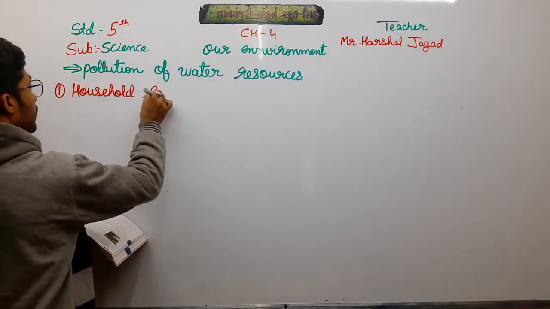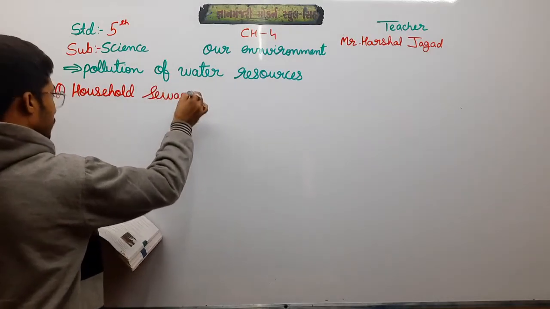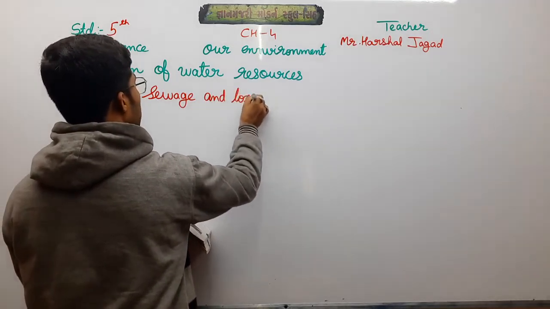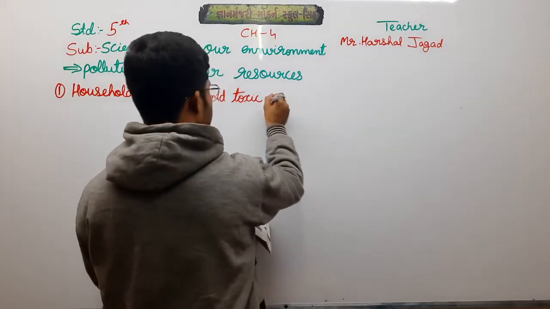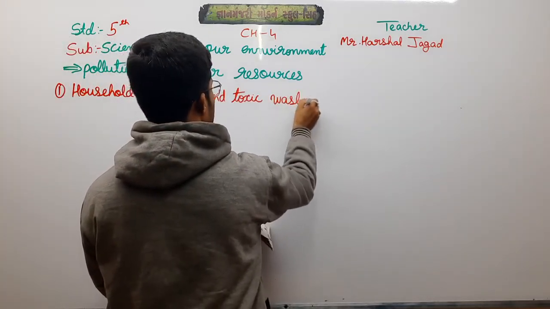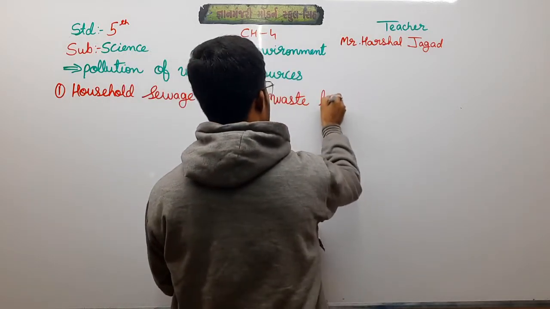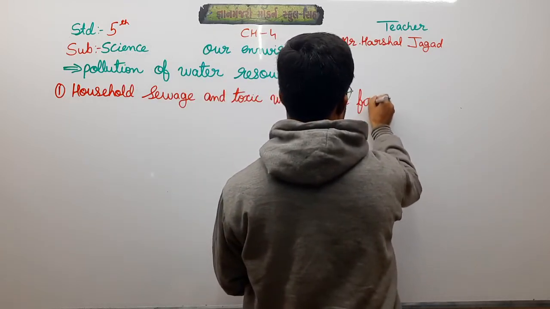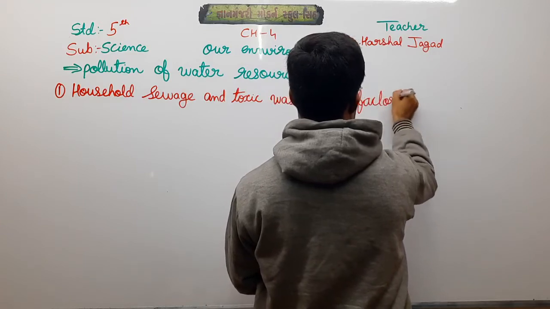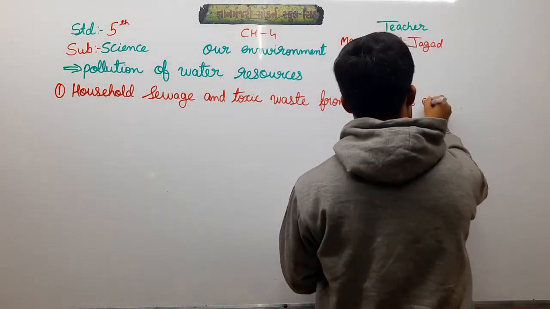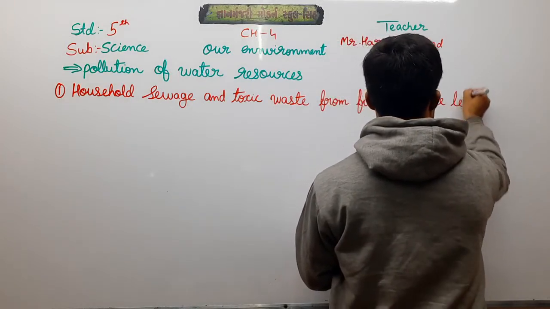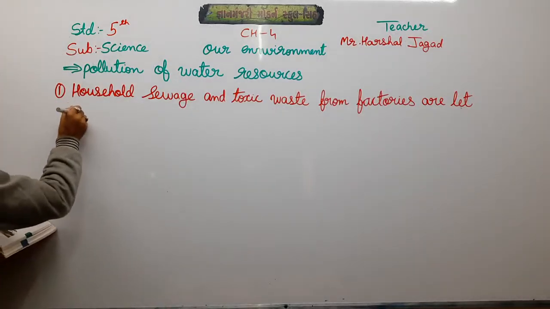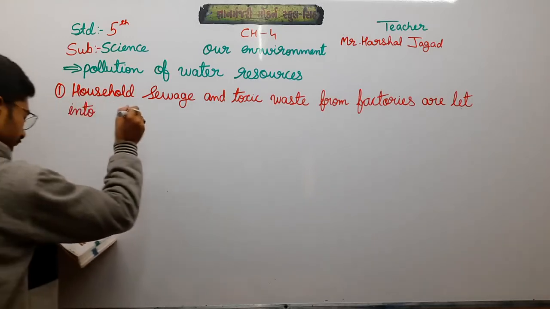Household sewage and toxic waste from factories are let into rivers.